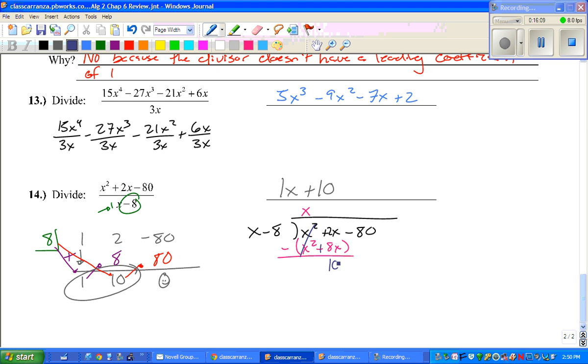Those cancel, that turns to a positive. Drop that down. And how many times does x go into 10x? And that would be positive 10 times. You get 10x minus 80. And when you subtract, that changes and both cancel out. So you get the exact same thing.